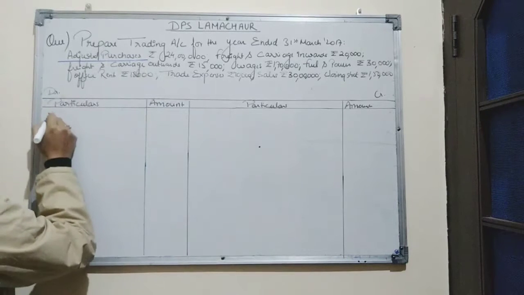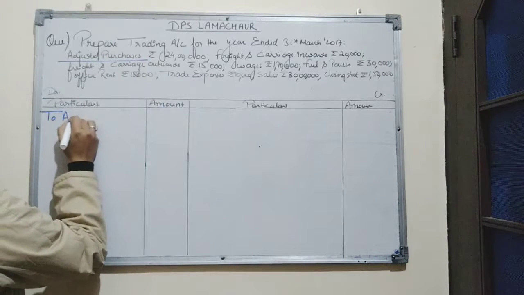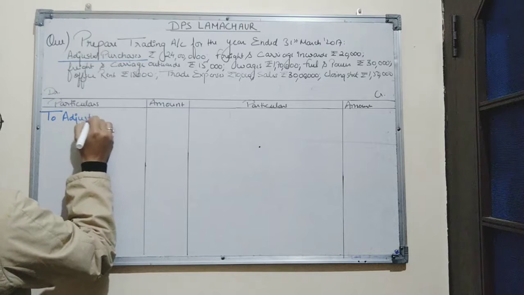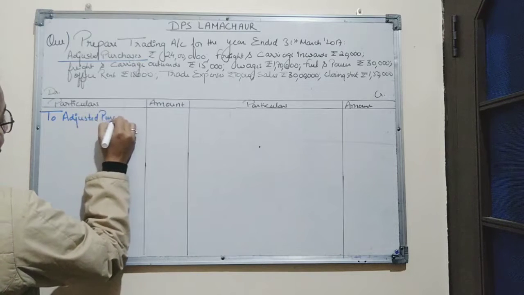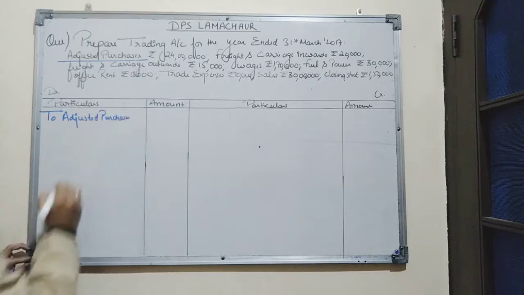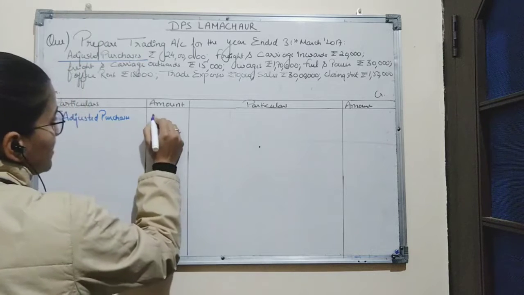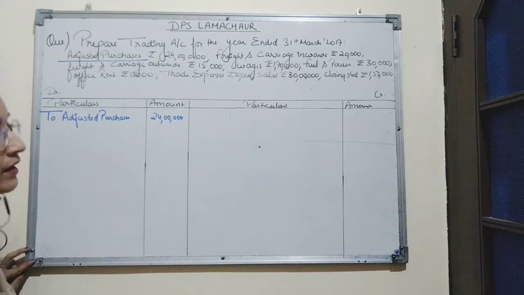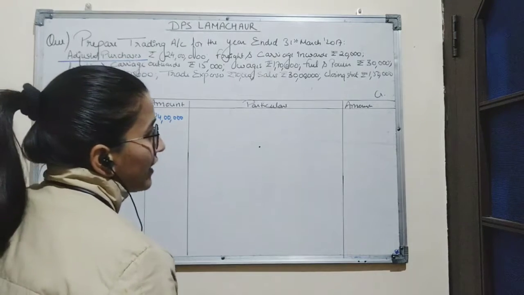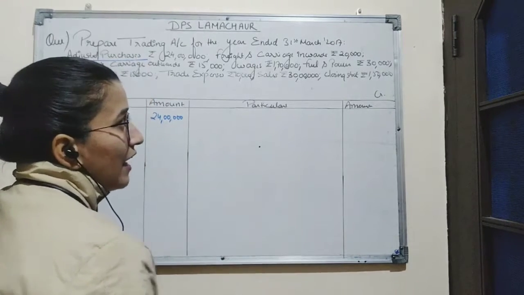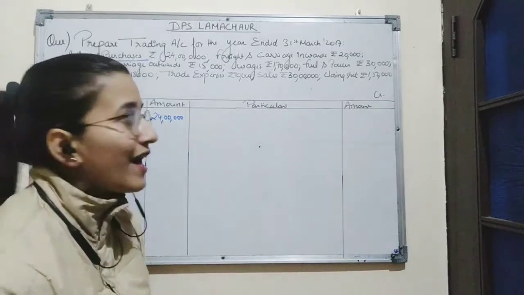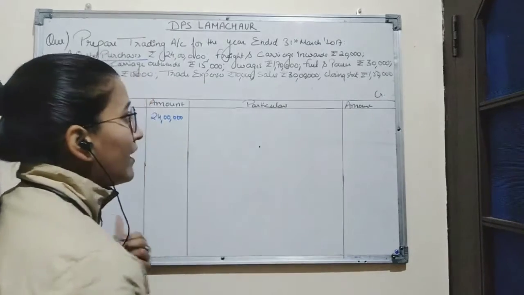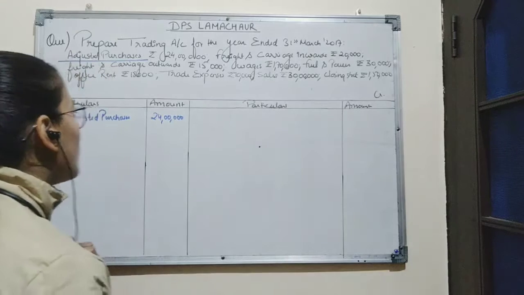So first expense will be adjusted purchases. Amount is rupees 24 lakhs. Next is freight and carriage inwards. Freight and carriage inwards are considered as direct expenses and we know direct expenses are recorded in trading account.